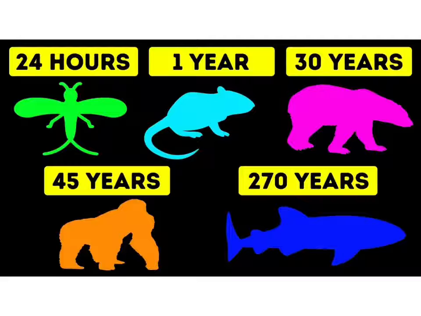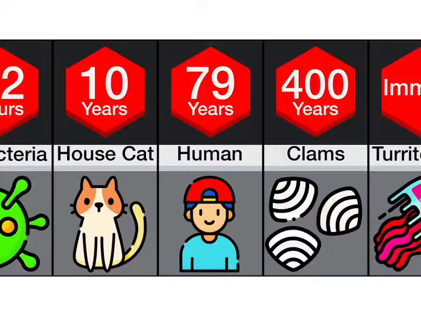Male mosquitoes live for about 10 days. Butterflies live for a month. Dogs live for 10 to 14 years. Elephants live for 50 to 80 years. And tortoises live for 100 to 150 years.